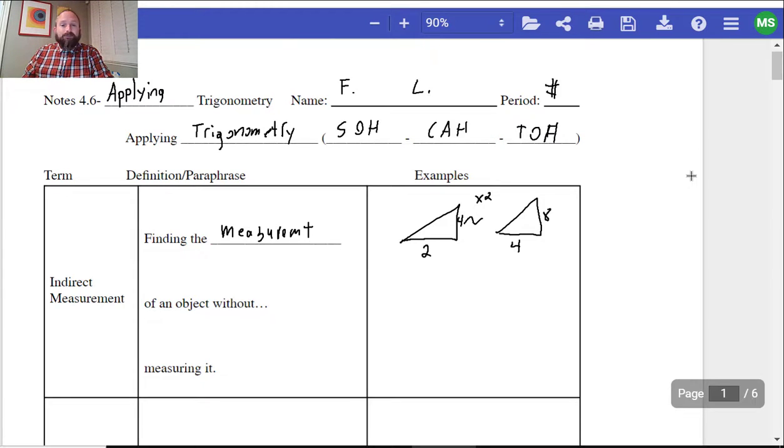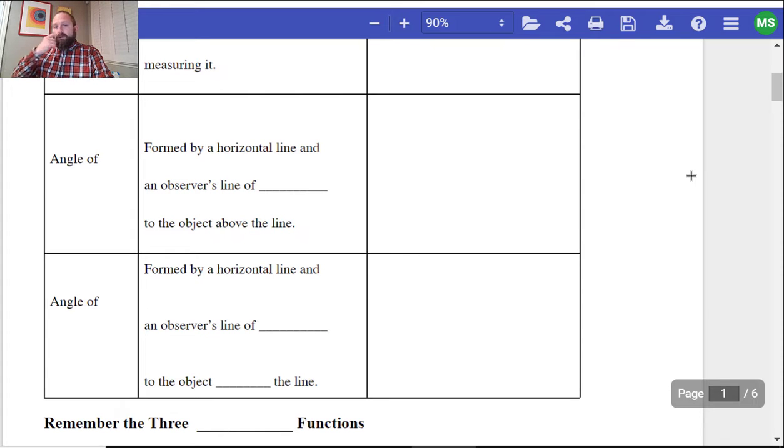So let's continue. We're going to find the angle of elevation. The angle of elevation is formed by a horizontal line and an observer's line of sight to an object above the land.